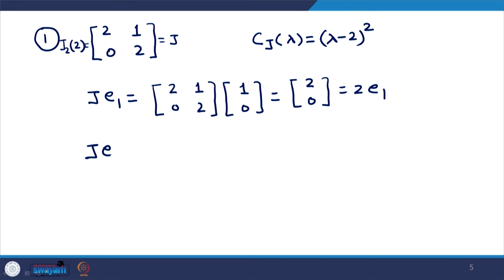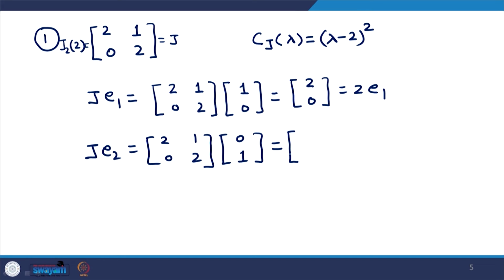Similarly, J E2 is 2 1 0 2 times 0 1, which comes out to be 1 and then 2. So this equals 2 times 0 1 plus E(i minus 1), that is E1, 1 0.